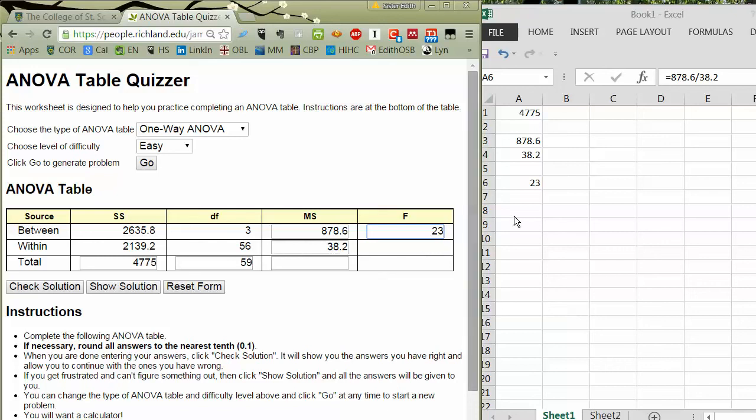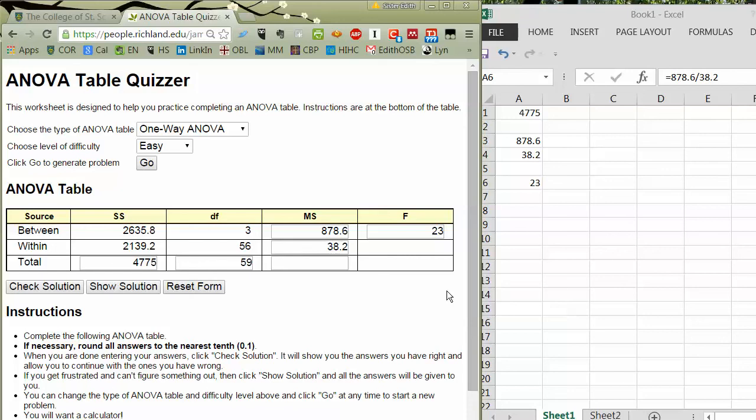To find out a p-value and know for certain whether or not I had a significant result, I would need to find a critical value of F in an appendix for 3 and 56 degrees of freedom. Or if I were working with one of the software packages we're using this week, I would have a p-value computed along with it.